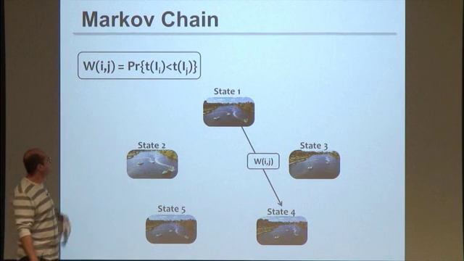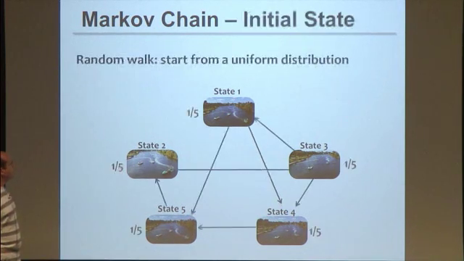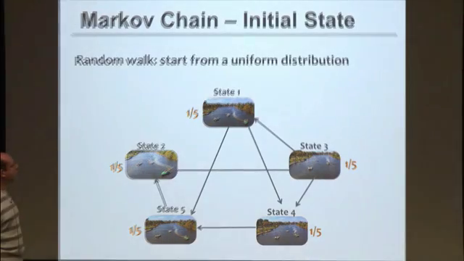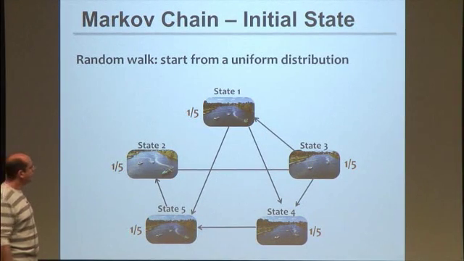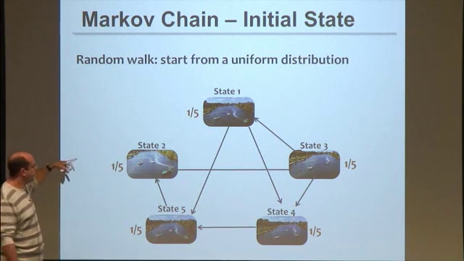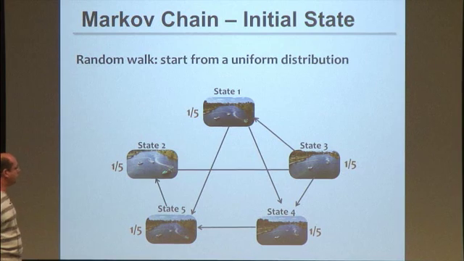And that would be the weight of the edge ij. And now you can look at the transition matrix that is associated with this graph, and you do a Markov chain. Essentially, you initialize the state, the probability that the last state is each of the images, to be a uniform distribution, so it's 1/5.